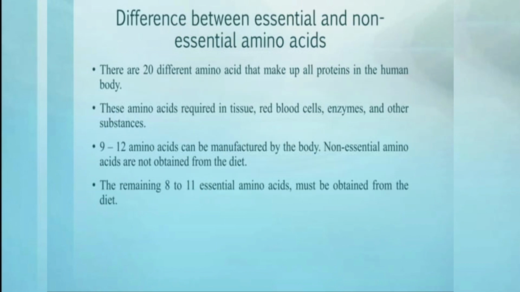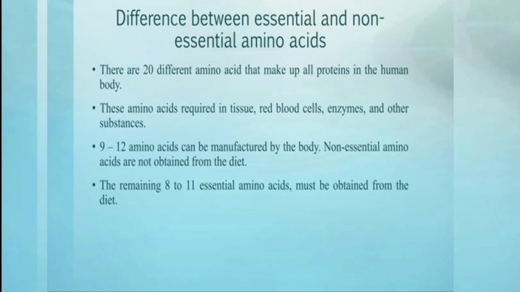Difference between essential and non-essential amino acids. There are 20 different amino acids that make up all proteins in the human body. These amino acids are required in tissues, red blood cells, enzymes, and other substances. Nine to twelve amino acids can be manufactured by the body.